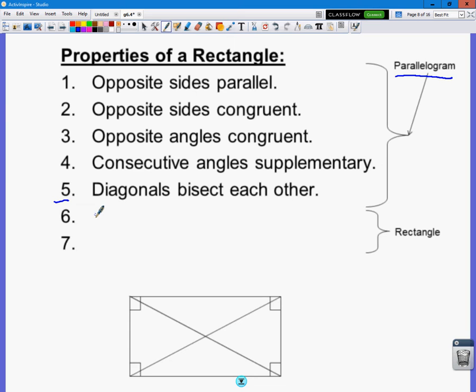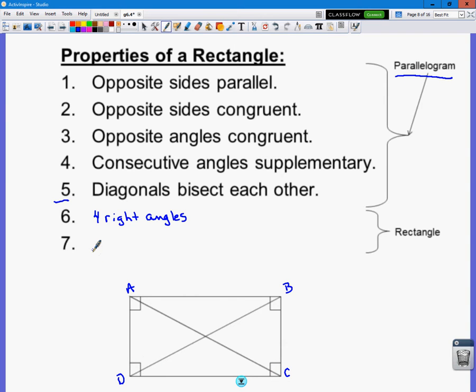Every rectangle has 4 right angles. So I can see where the A is, that was 90. Where B is, that's 90. C is 90. Where D is, that's 90.